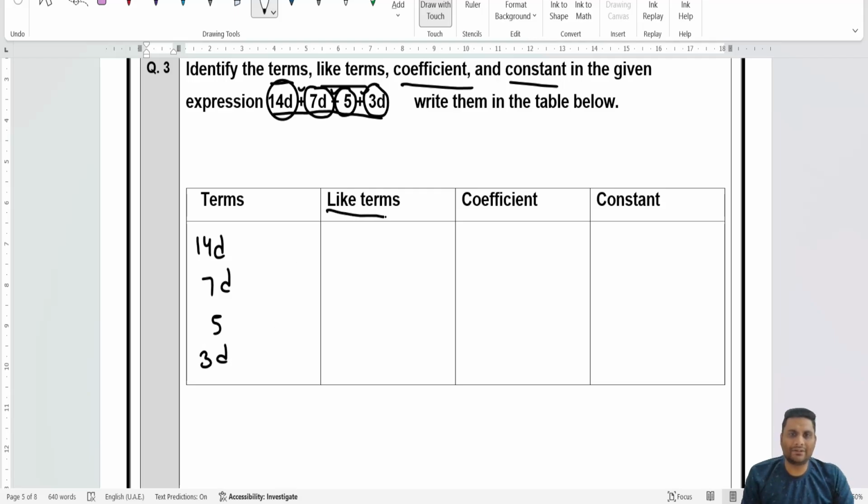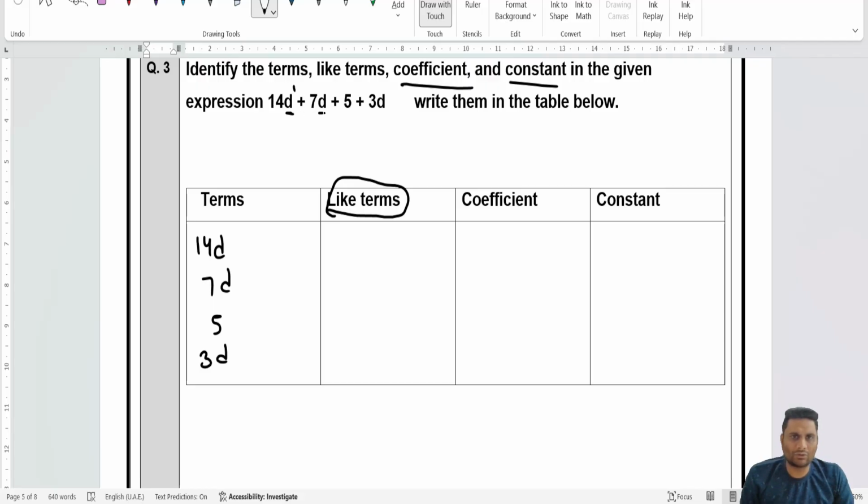Now like terms. Like terms means same variable and same power. So let us check it carefully. The 14 has a variable D, right? And what is the power here? No power, that means power is 1.